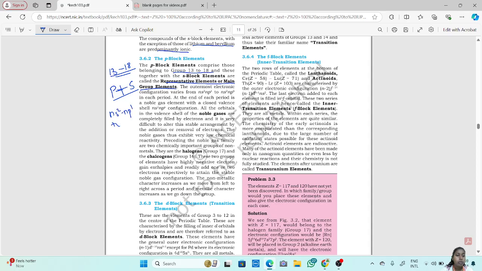np1 to ns2 np6. Once it attains ns2 np6, the orbital is completely filled. Now at the end of each period is a noble gas element with a closed valence shell of ns2 np6 configuration.